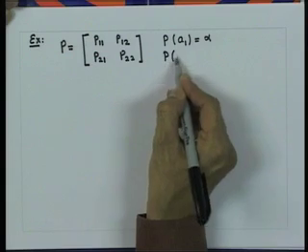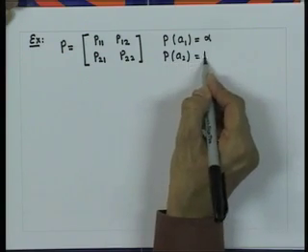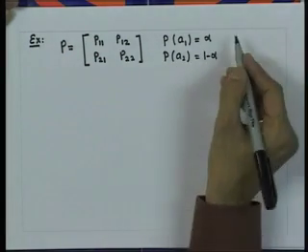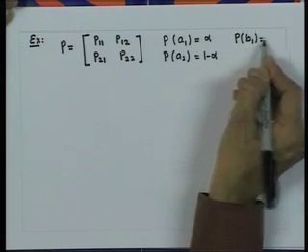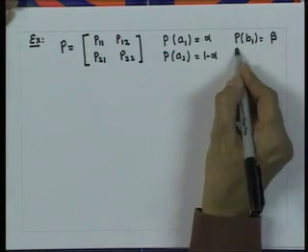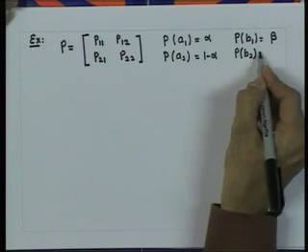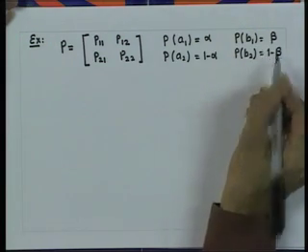So, P(a2) is equal to 1 - alpha, and for the output alphabet B, probability of b1 is equal to beta. So, probability of b2 is equal to 1 - beta.